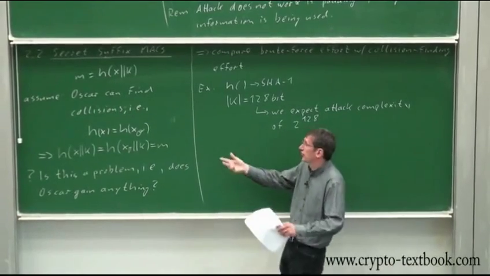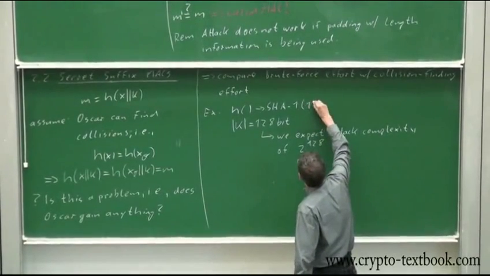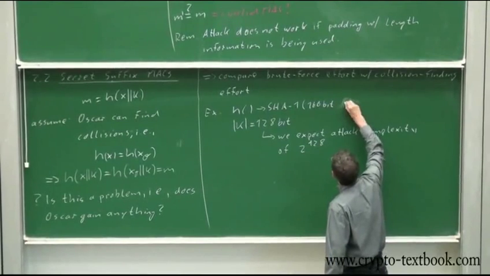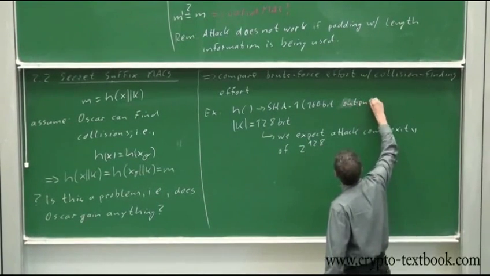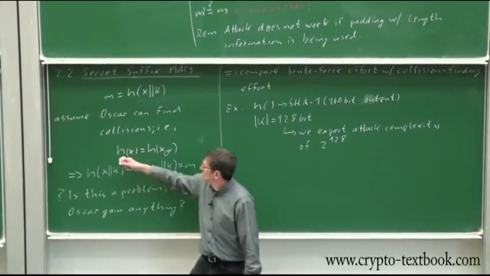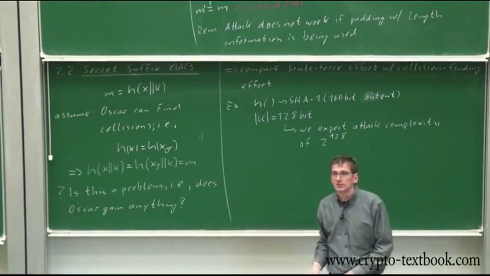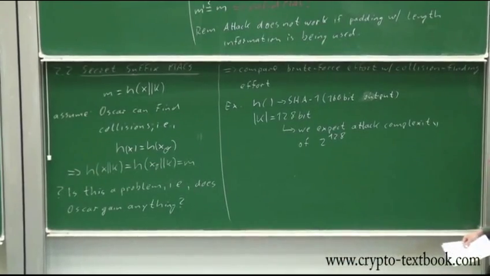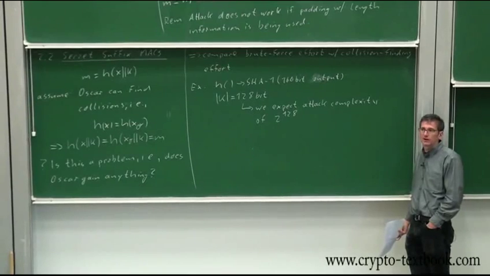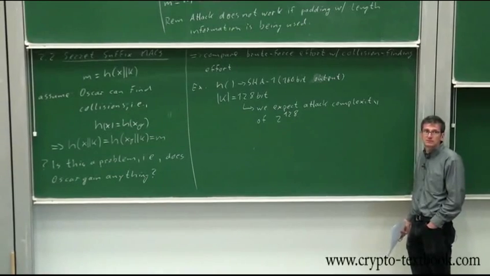Normally, you can do a brute force type of collision search, and you end up with, this is a 160-bit output. So if you do this naive collision search on the output, you have a complexity of 2 to the 160. This was weak collision resistance. But what is the better thing he can do? Why is it not 2 to the 160? What is the trick he can play? Which keyword am I looking for?